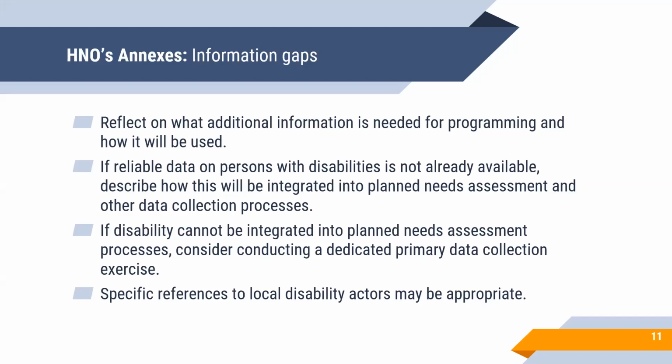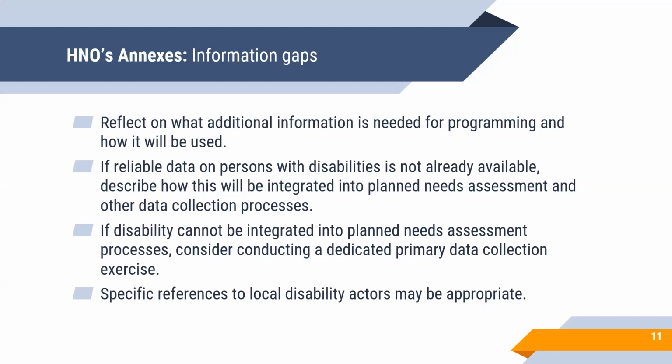So in the annex we need to say how much more information we need to collect to make our programming much stronger, what kind of reliable data we need, and how we can integrate this into the coming cycle of needs assessment to enable us to collect the data that we need.